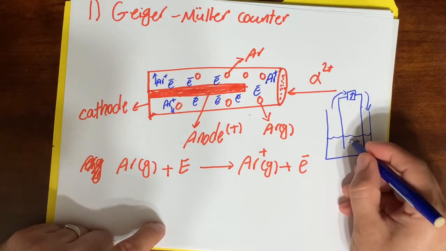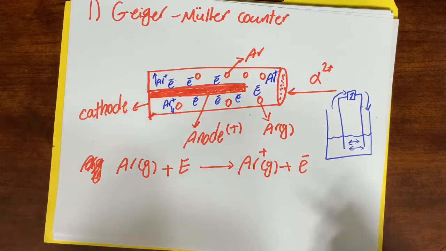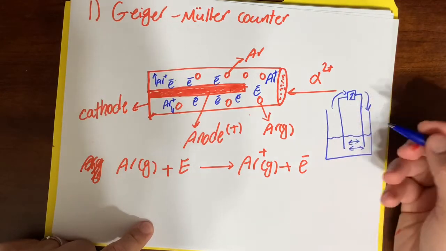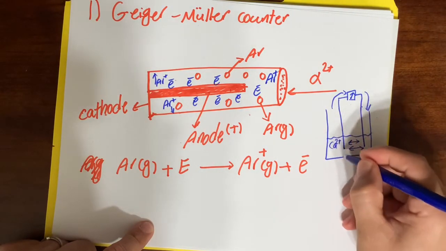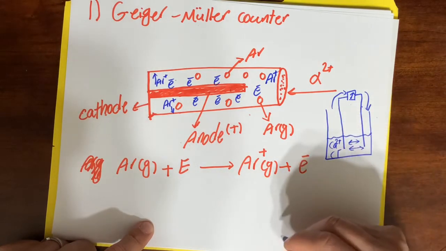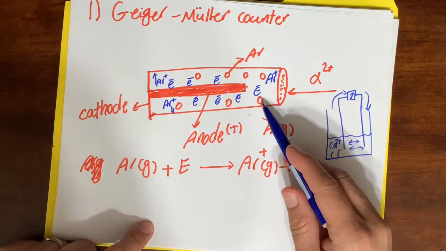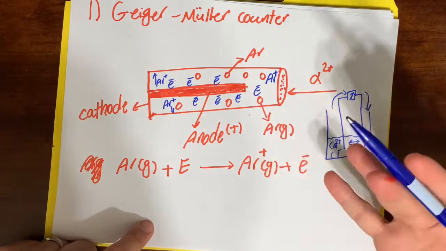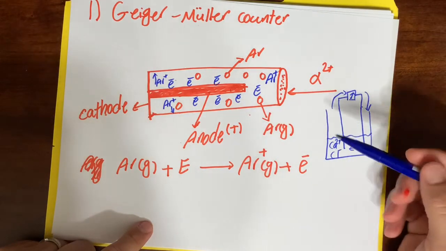So we need some ions to carry the electrons in these directions. And we said we need something with positive charge, let's say calcium with a plus charge, and something with negative charge, let's say chloride with negative charge. So in reality, what we are doing is building a kind of electrochemical cell.